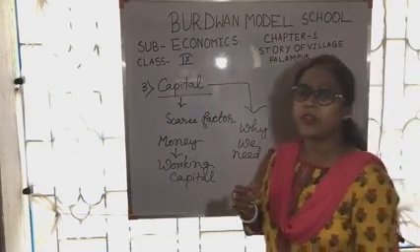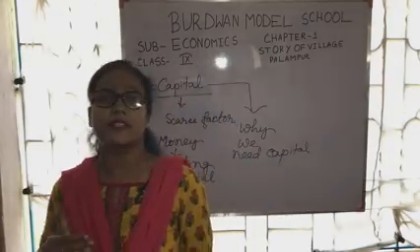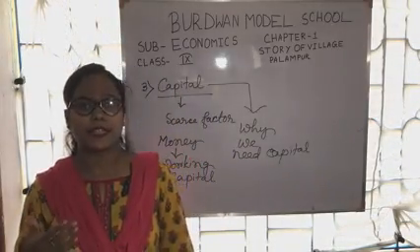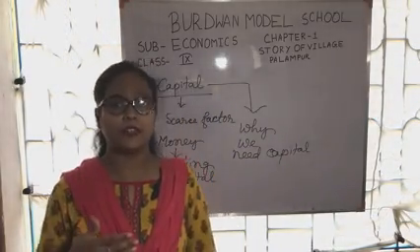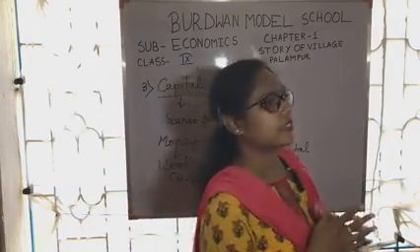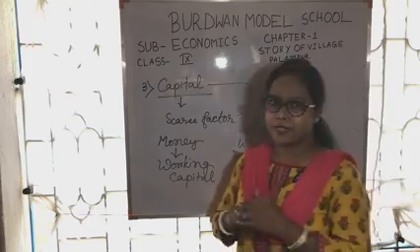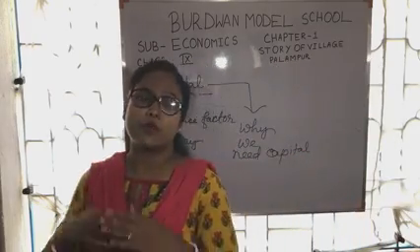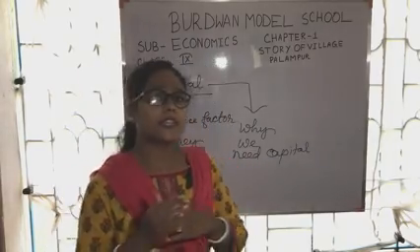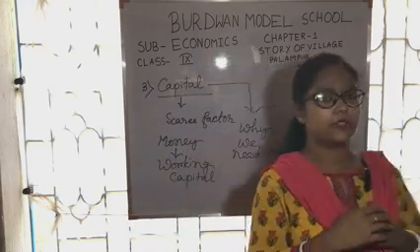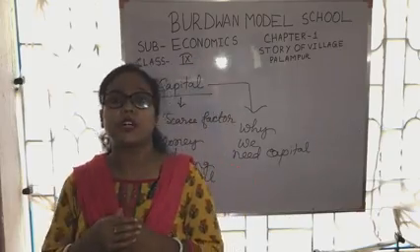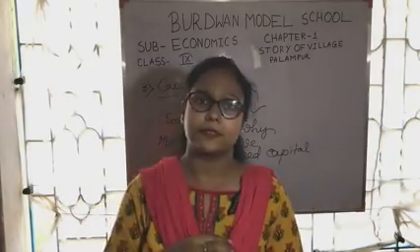In your book there is an example: Savita is a small farmer with less than 2 hectares of land, and for buying seeds and repairing instruments she needs some capital. So she goes to one money lender, takes the loan, and promises him that she will also work on his field.